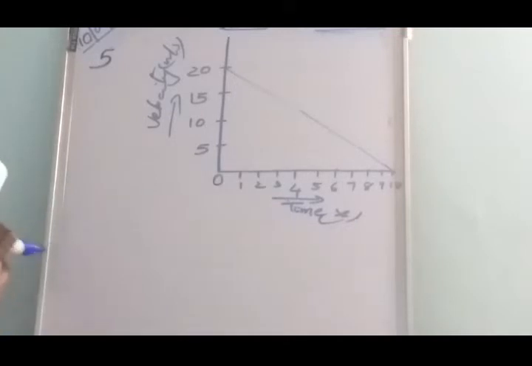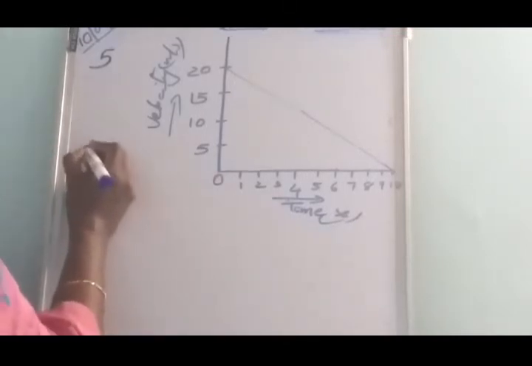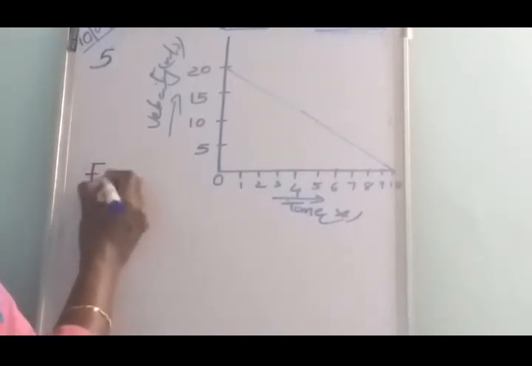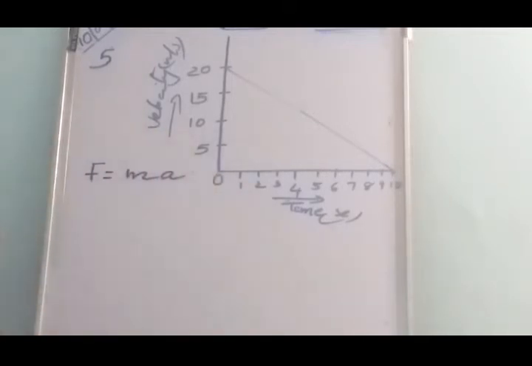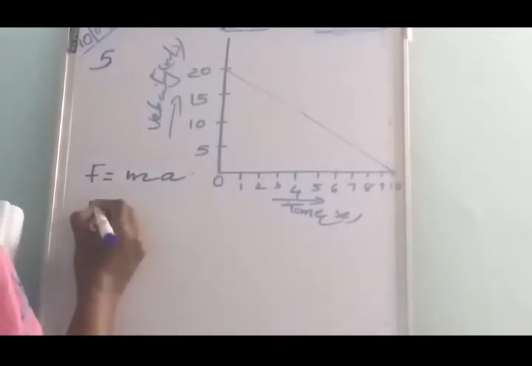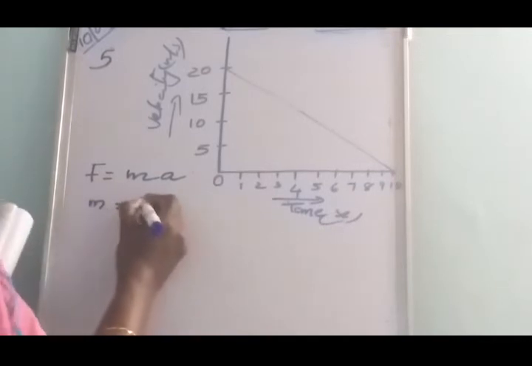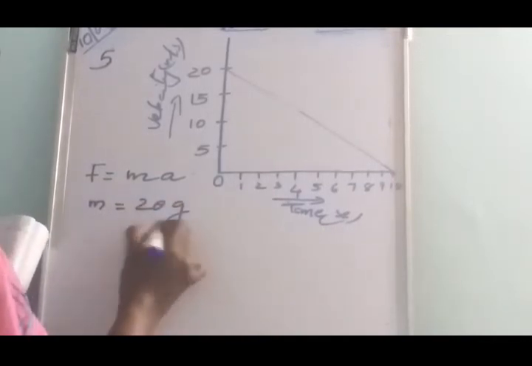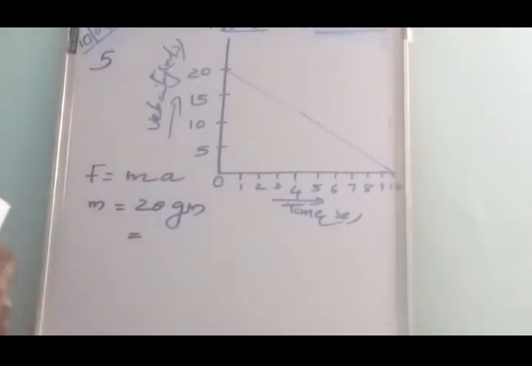All of you know the equation for force: F is equal to ma. Here the mass m is given as 20 gram. It is not the SI unit, so we have to convert it into kilogram.